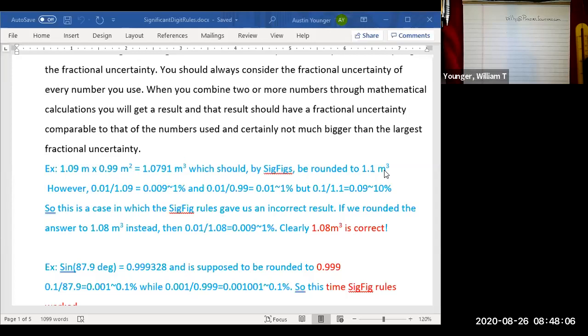So that's not acceptable. That's a place where SigFig rules screwed us up. So we try to add the extra digit, in which case it becomes 1.08. So when we look at the fractional uncertainty of 1.08, you do 0.01 divided by 1.08 and you get 0.009, which is about 1%. So this is the correct answer.